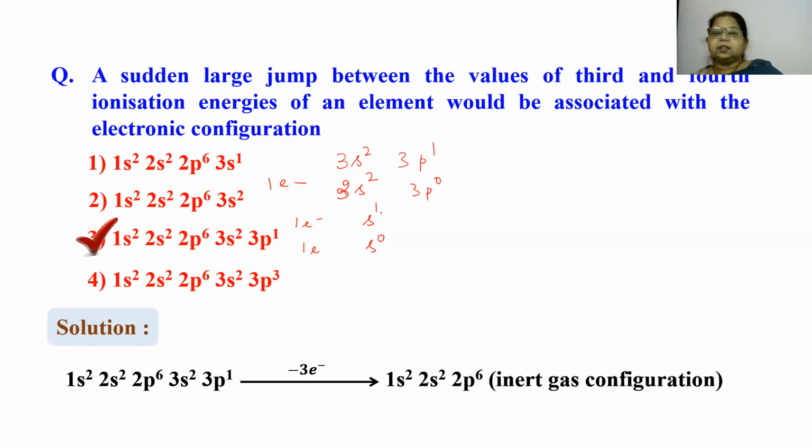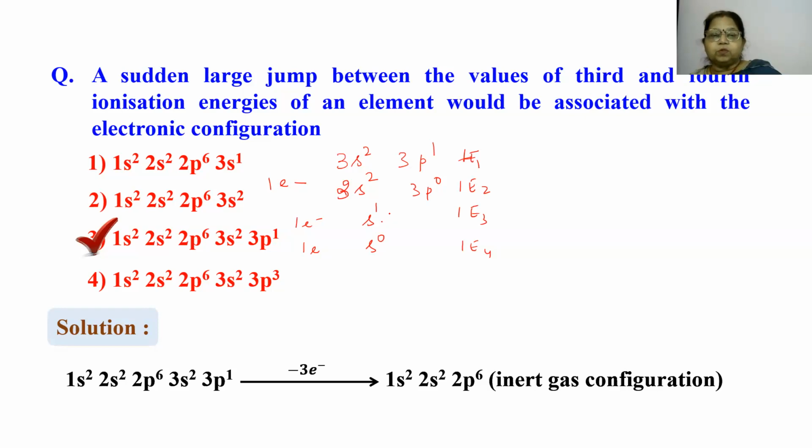Now they are saying a sudden large jump between the values of the third and fourth ionization potential will be seen in which element? This one will be IE1, 2, 3, and 4. Now, in this case, IE3 is stable, that is, an exactly half-filled configuration is achieved.